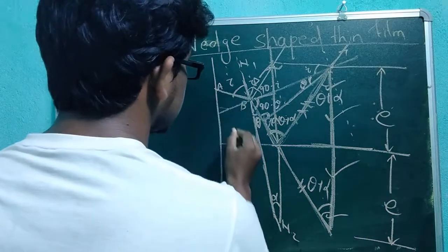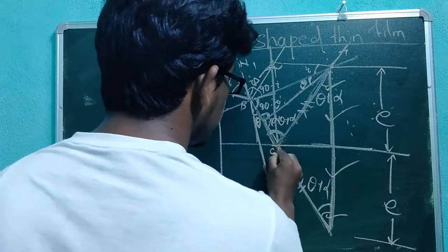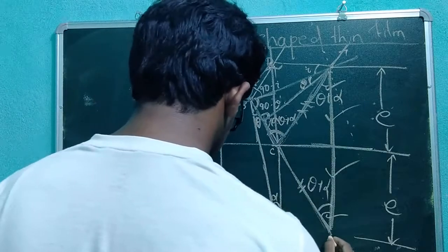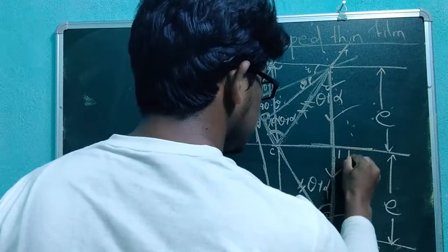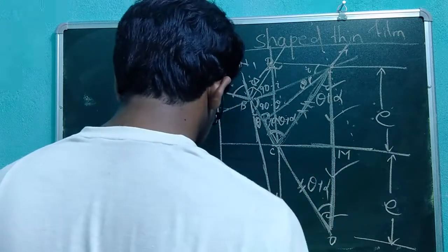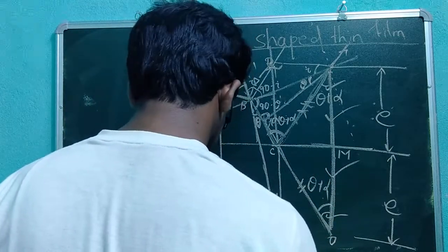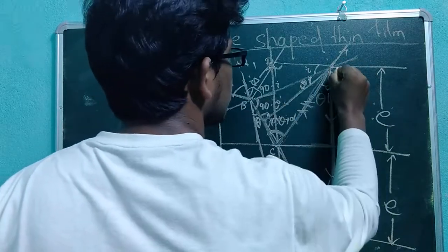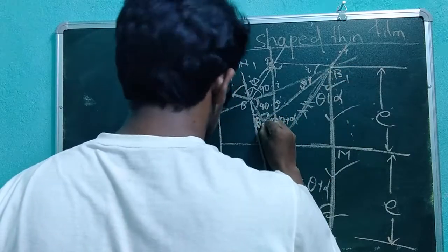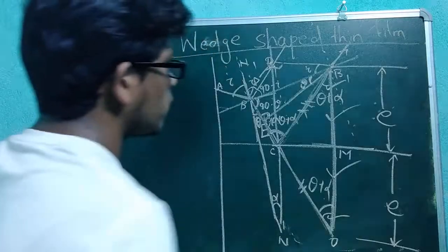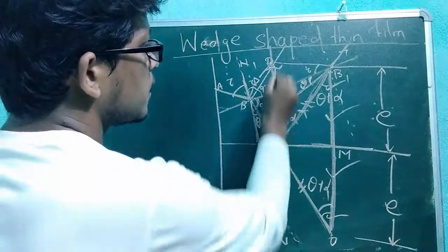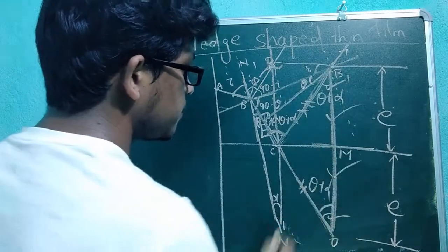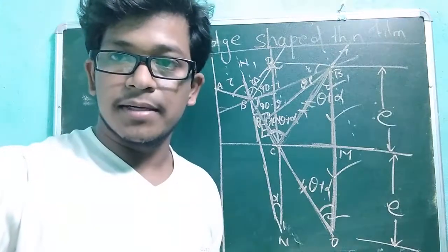Suppose I take this as A, this is B, this point is C, and the D point is this one, and then this point is our O, this point is M, this is N, normal, and AB, then this point B dash, one point left, let's say this is E. So points are A, B, C, D, E, this is B, this is B dash, this is O, this is M. Now we will go to the derivation part.